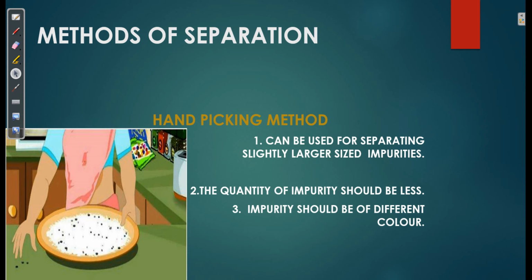She takes a small quantity of rice which she is going to cook. Then she carefully observes whether there is any impurity in it or not. If the grain contains a stone or a small unwanted particle, she will carefully pick it out and keep it aside.